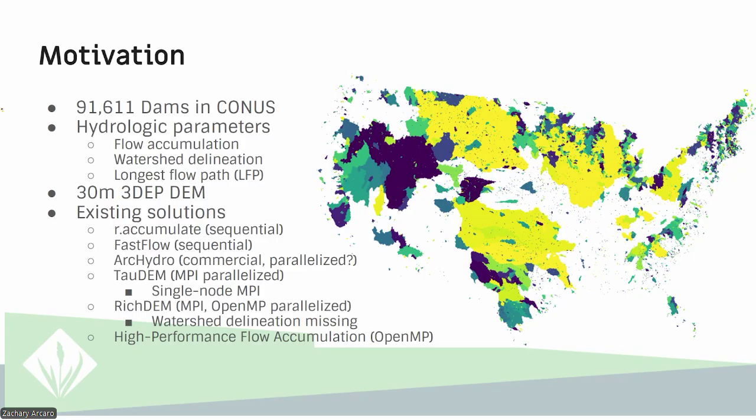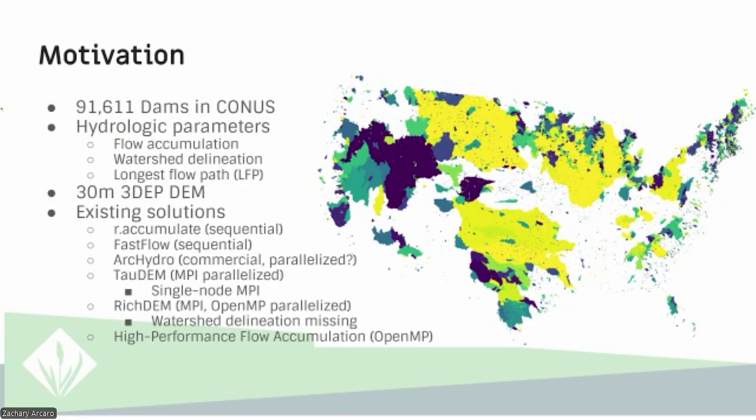But its use of MPI is limited to a single node, meaning it uses only multiple cores in one CPU. There's some limitation. And RichDEM is really great because it has hybrid parallelization, OpenMP plus MPI, but it's missing some important module for watershed delineation.